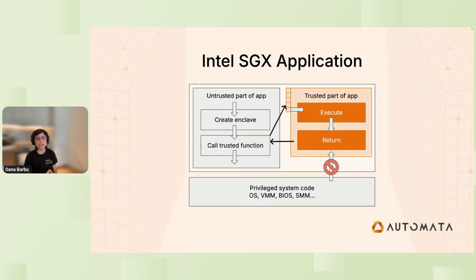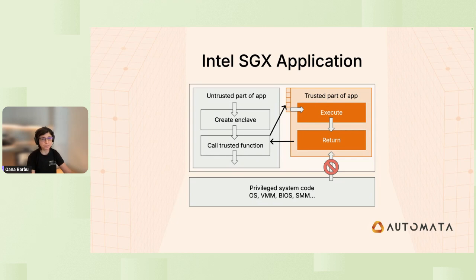The untrusted part is responsible for creating the enclave and calling the appropriate interfaces in the enclave, and if the enclave, the trusted part, wants to make any outside calls, it will do this via the untrusted part.